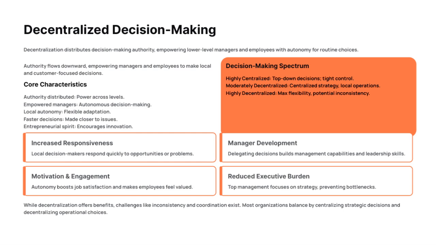Decentralization distributes this decision-making authority, giving lower levels the autonomy to handle routine choices and respond effectively to their specific contexts. In summary, decentralized decision-making encourages faster decisions, fosters an entrepreneurial spirit, and promotes innovation, key drivers for organizations looking to remain agile and competitive in a rapidly changing environment.